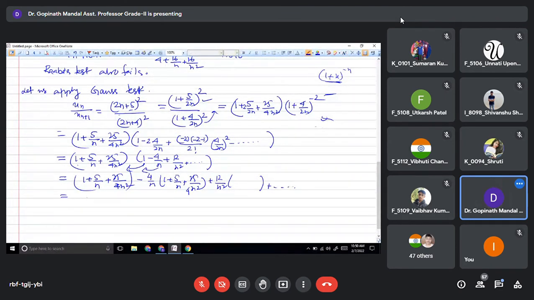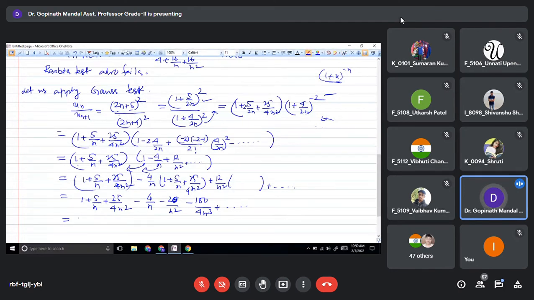So 1 plus 5 by n plus 25 by 4n square minus 4 by n minus 20 by n square minus 100 by 4n cube, and another term.